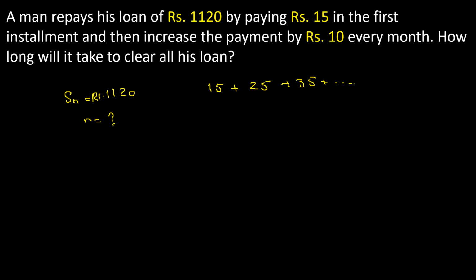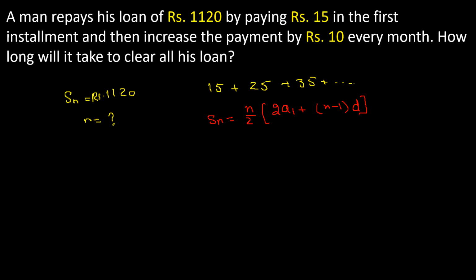So from the formula we know that Sn equals n by 2 into 2a1 plus n minus 1 into d. Here we know a1, d, and Sn, and we have to find n.